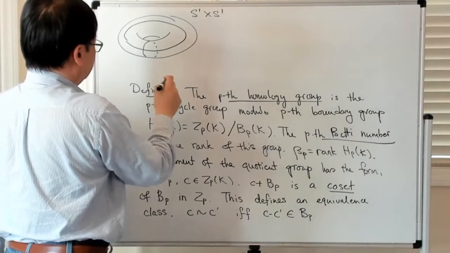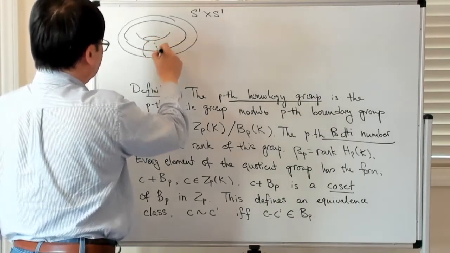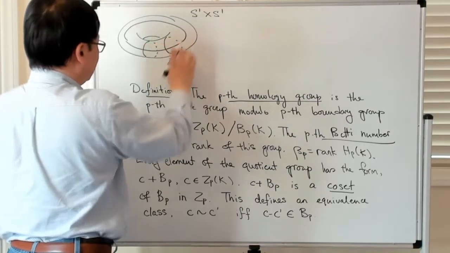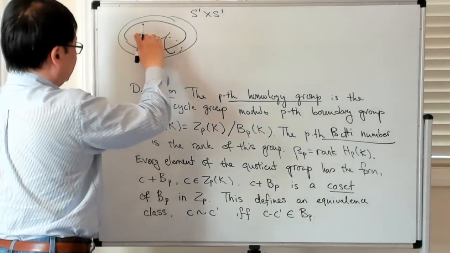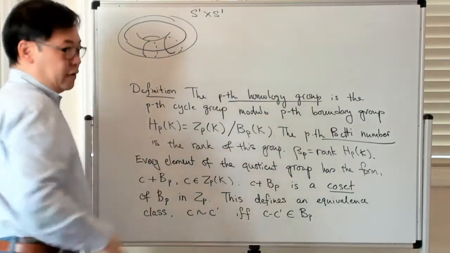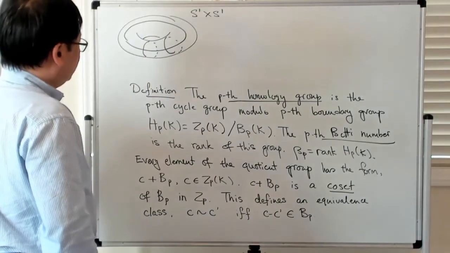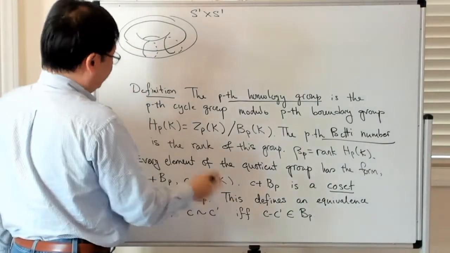So the bottom line is that you want to be able to identify this loop here with another loop which is slightly shifted apart. You want to say this is this because we can just move this curve along and nothing happens. You haven't really changed anything. This is exactly where the idea of a boundary comes in.